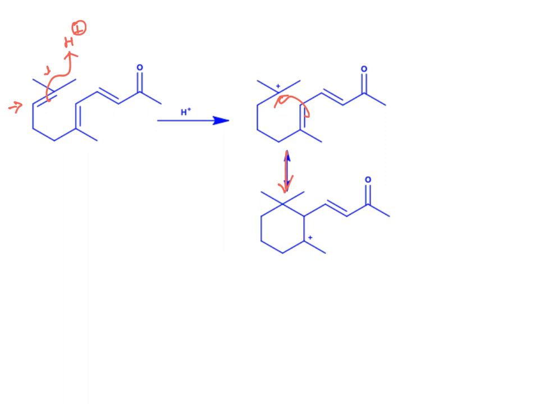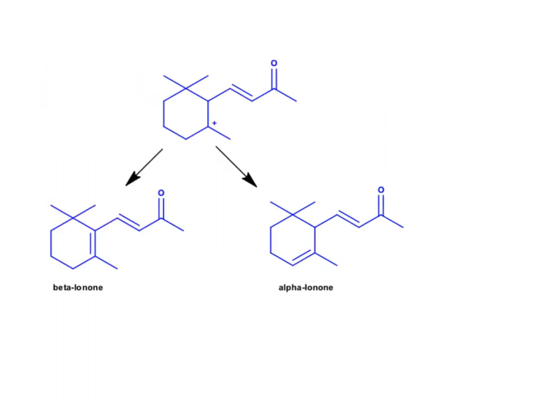After forming this carbocation, H plus has to leave from the next carbon, and there are 3 available hydrogens.